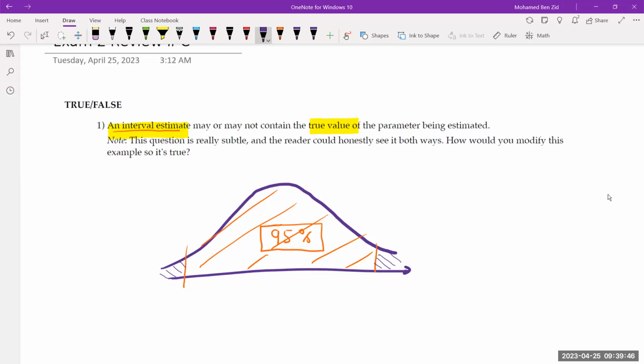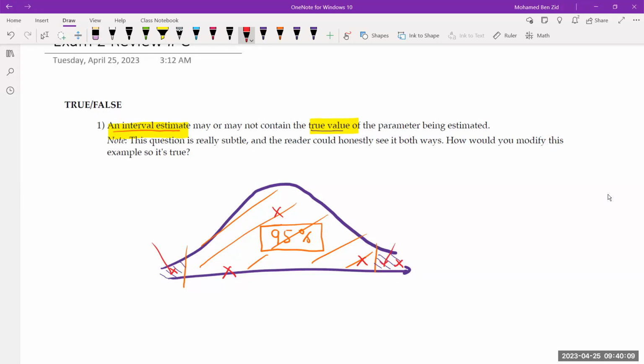So really, the true value that we are talking about could be either somewhere here, or somewhere here. 95% of the time, you're going to be within the red area, and 5% of the time, naturally, you're going to fall in these two tails.